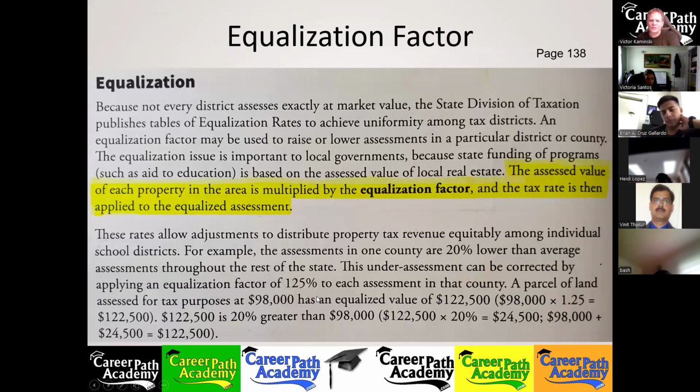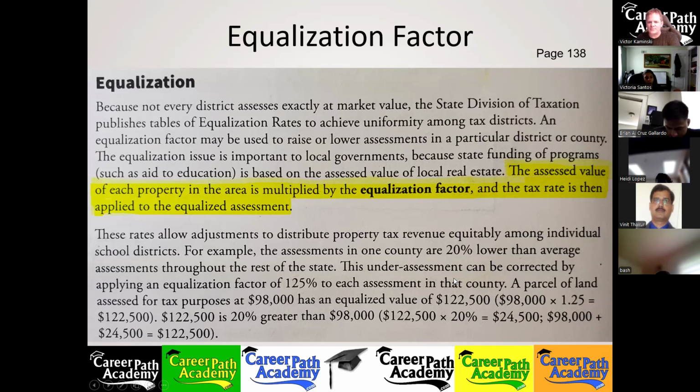We're going to do some math problems. We'll do a math problem about calculating an equalization factor into it. Let's see this example they give. These rates allow adjustments to distribute property tax revenue equitably among individual school districts. For example, the assessments in one county are 20% lower than the average assessments throughout the rest of the state.